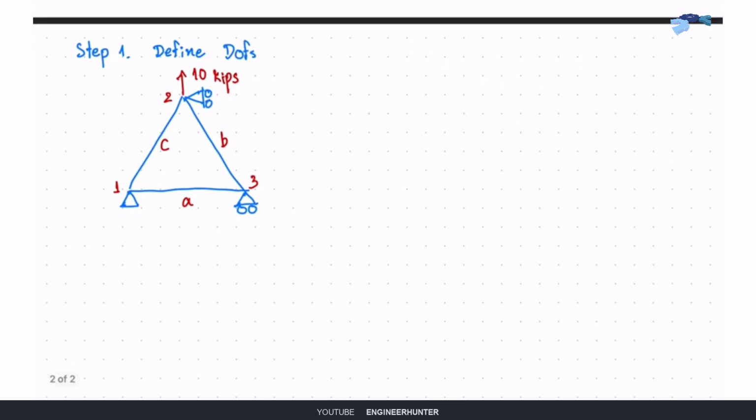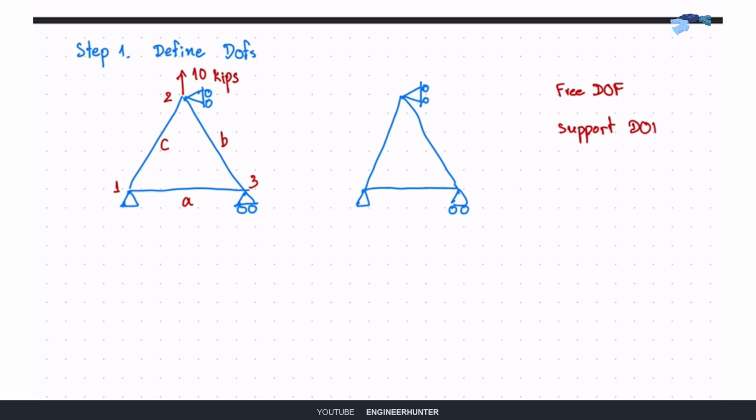So next you can define the degrees of freedom. To define the degrees of freedom, you need to start with the free degrees of freedom first, and then end with the support degrees of freedom. So what I mean is we have free degrees of freedom and support degrees of freedom.